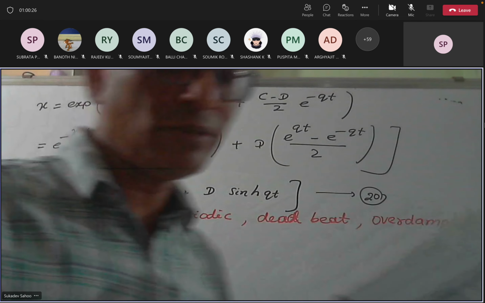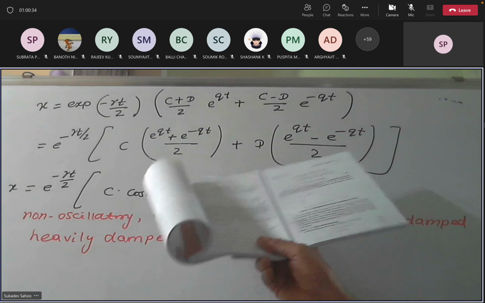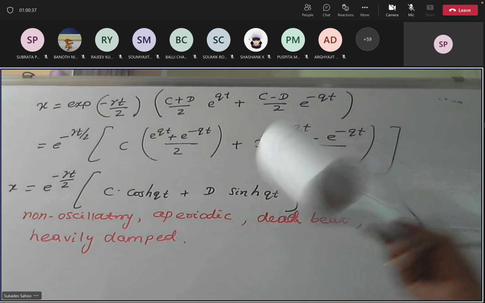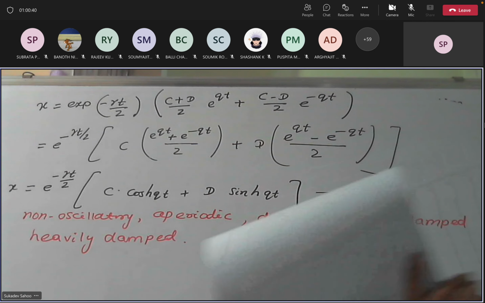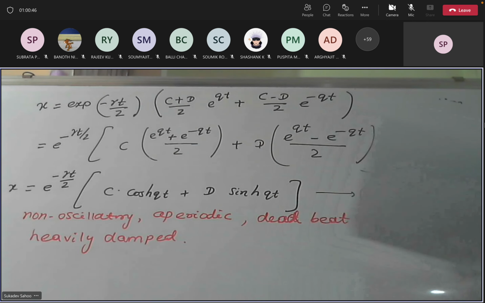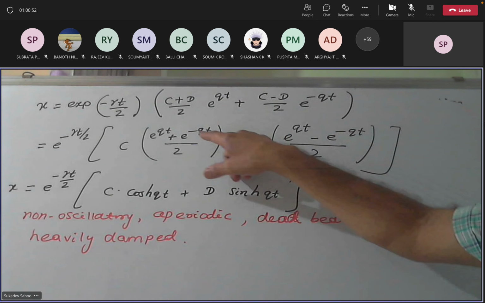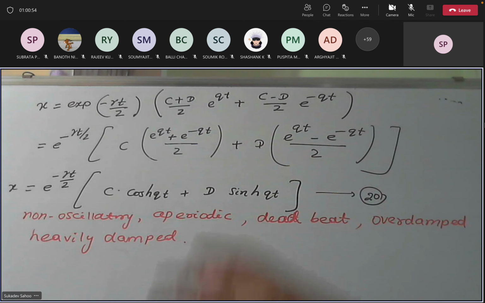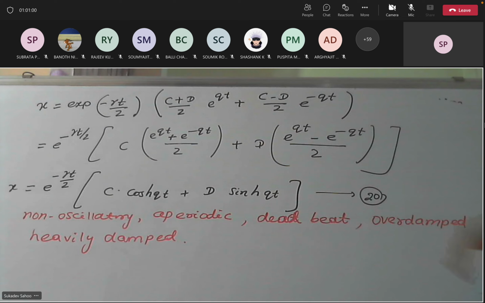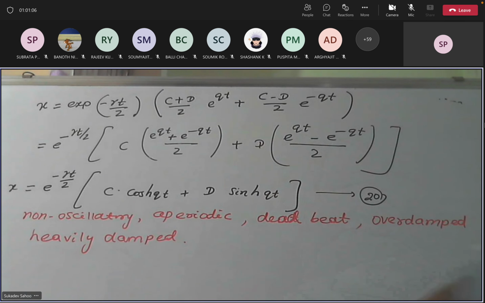Like e to the power ix plus e to the power minus ix by 2 is the cos x. Similarly, it is the hyperbolic function. I think you have read trigonometric functions, and you have read hyperbolic functions. This is the nature of the hyperbolic function, the relation between the exponential function and the hyperbolic function. You can go through the book or any mathematical physics book, where hyperbolic functions are given, or you can get the nature of hyperbolic functions from a website also. Like e to the power ix plus e to the power minus ix by 2 is cos x, similarly here e to the power qt plus e to the power minus qt by 2 is cos hyperbolic qt, and this one is sin hyperbolic function.